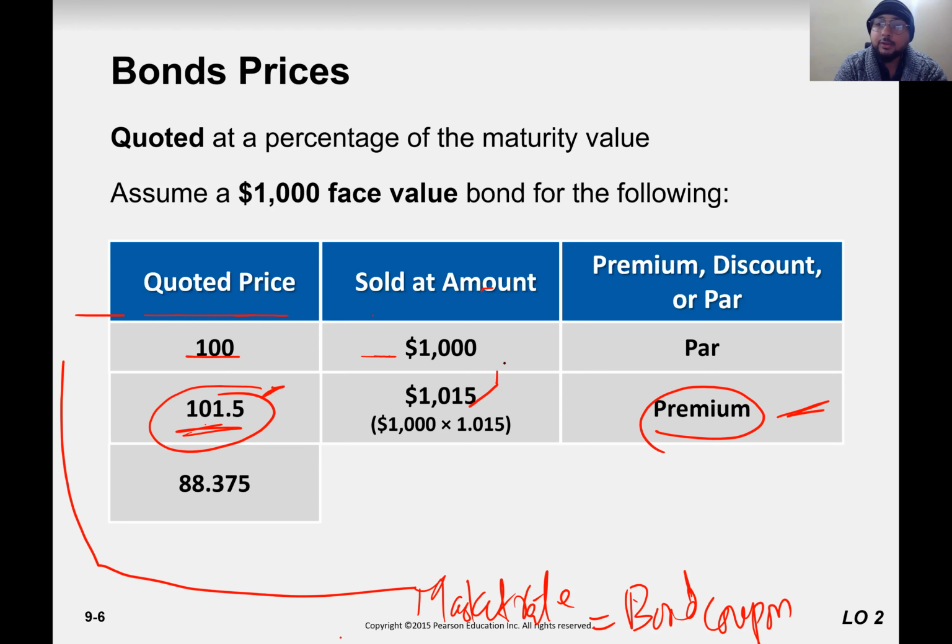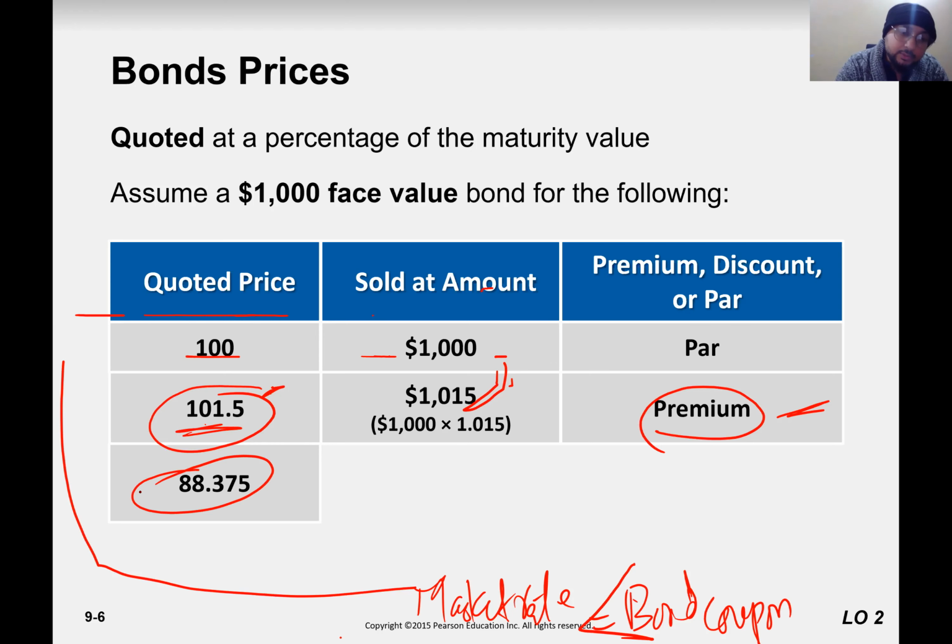Some books say premium is when the bond is selling above par. Or some books say that if the market rate is lower than the bond's coupon rate, then the bond will be traded at a premium, because the company is giving you higher interest, the market is giving you lower interest. So that's why bond prices go up and bonds are issued or traded at a premium.